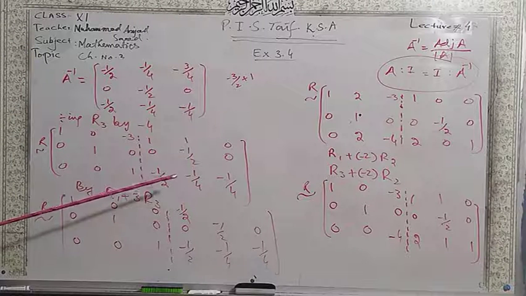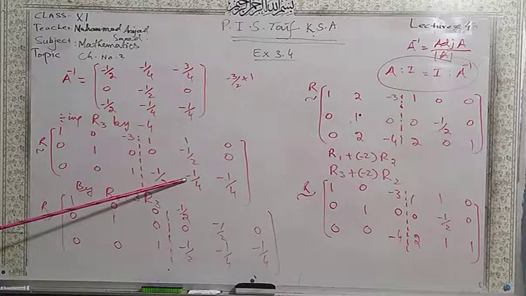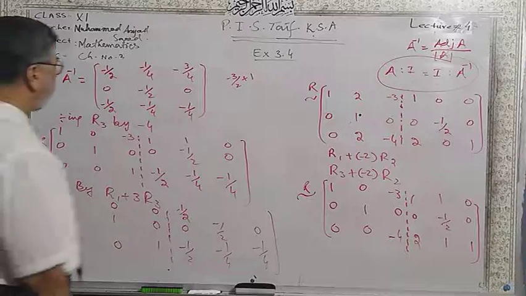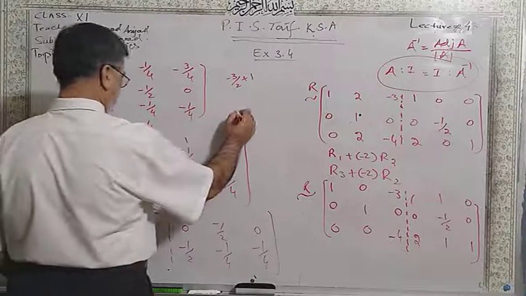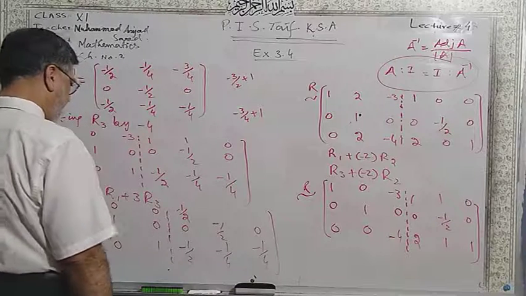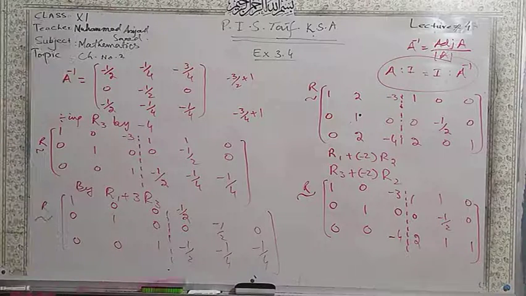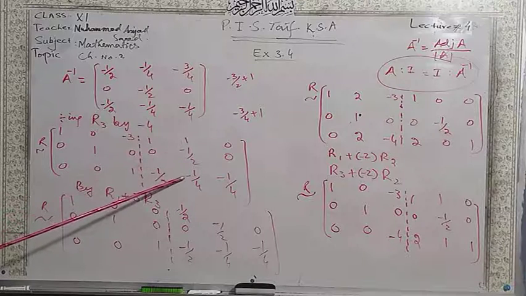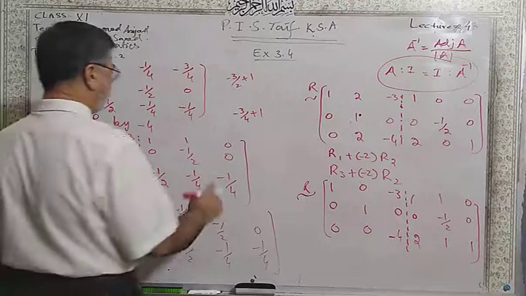After that, multiply the second number by 3 and add here. Minus 3 by 4 plus 1, what will be? Minus 3 by 4 plus 1, it will be 1 by 4.